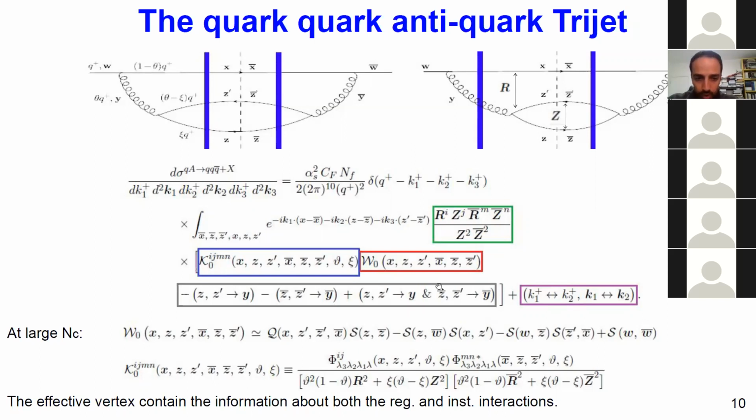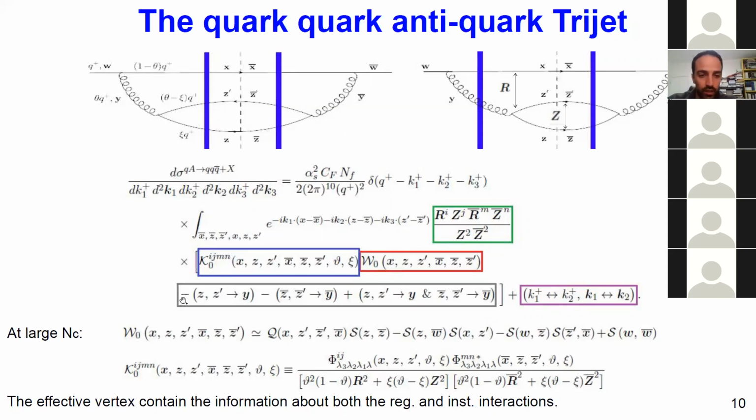So the first term that you can see here corresponds to the situation that the shock wave is acting on the final state. So it's acting here and it is acting on the other side. So both on the amplitude and the conjugate amplitude, the shock wave appears on the quark, anti-quark, so at the end.